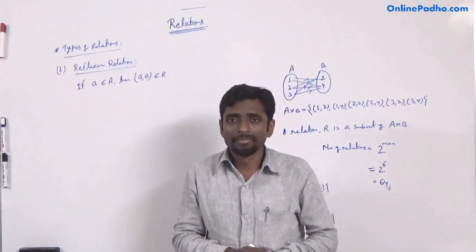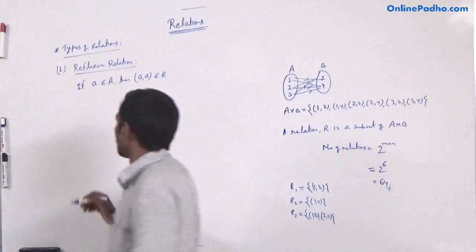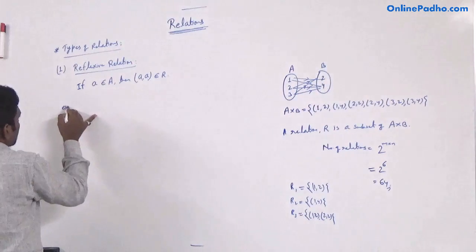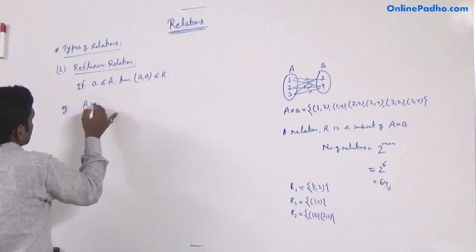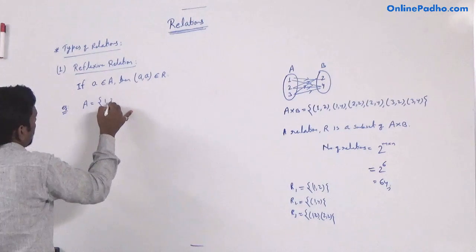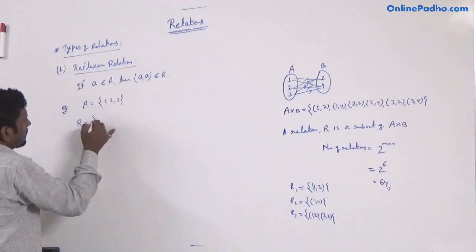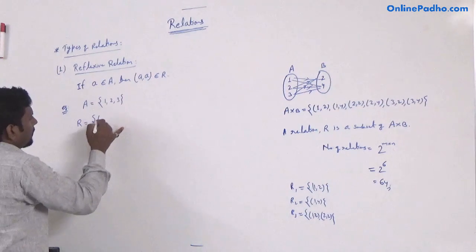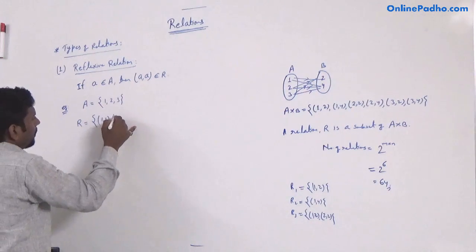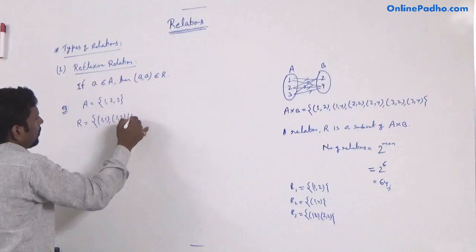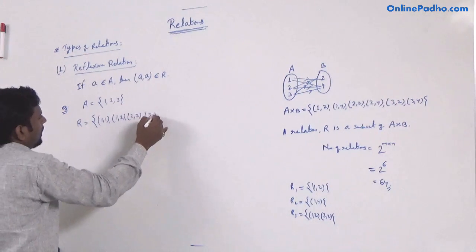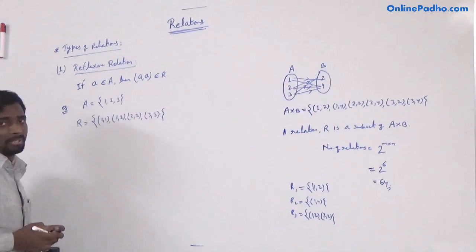For example, if we have a set A with elements 1, 2, 3, and we have a relation in which the elements are (1, 1), (1, 2), (2, 2), (3, 3). These are the elements in the relation.